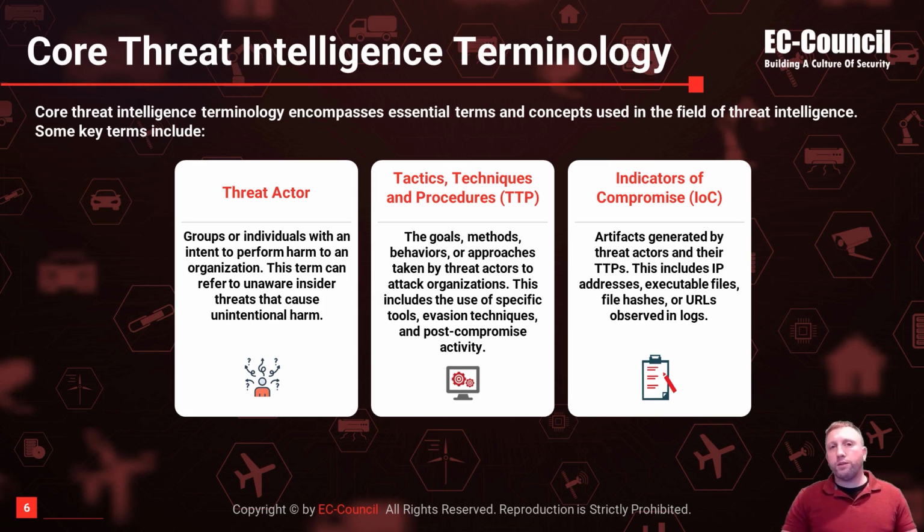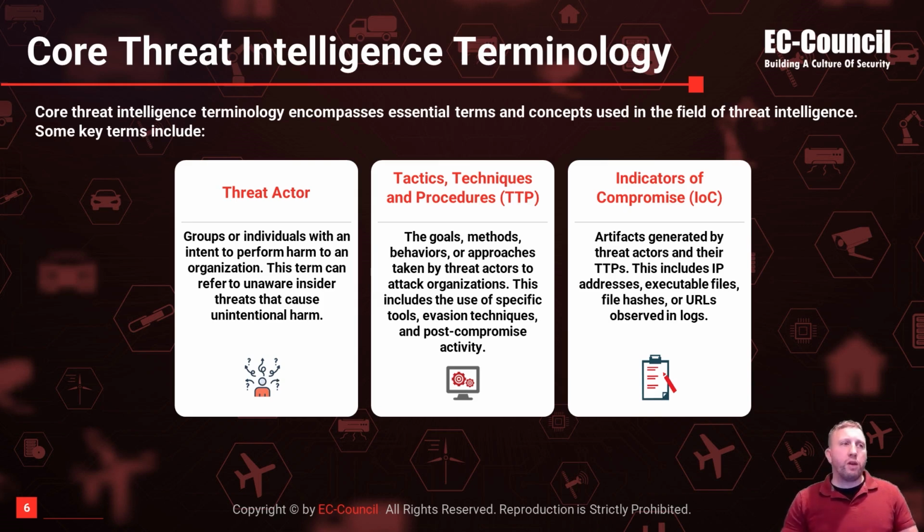Cyber threat actors employ tactics, techniques, and procedures. Their approach to attacking an organization, the specific tools that they use, and really how they go from start to finish to attacking an organization and getting what they want out of their malicious activities.